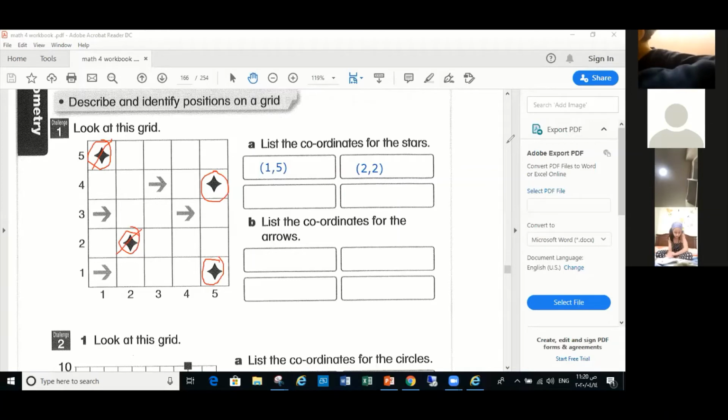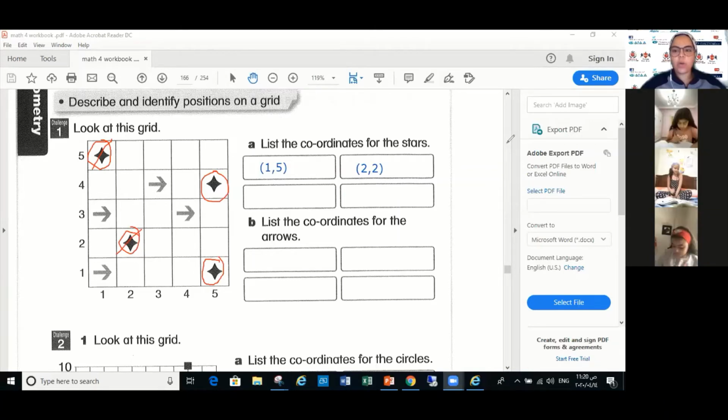Jana, did you do the homework? Yes. Okay, so could you please tell me what are the coordinates of the next one? 3 and 3.